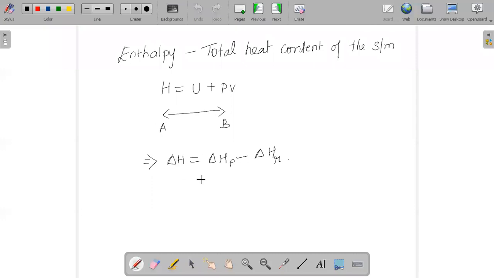So H is equal to U plus PV, or we can say delta H is equal to the enthalpy of product minus reactant, which will give us the change in enthalpy.